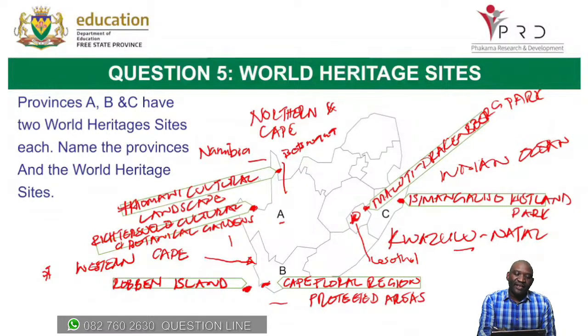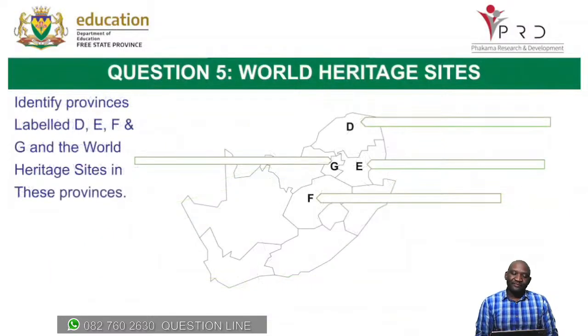So it's Komani Cultural Landscape, as well as Richtersveld Cultural and Botanical Gardens. So there we have it, 6 World Heritage Sites. If you are given a map of South Africa now, you can easily identify these sites. And now let's look at the 4 remaining sites that you have studied this year, where they are situated and in which provinces they are situated.